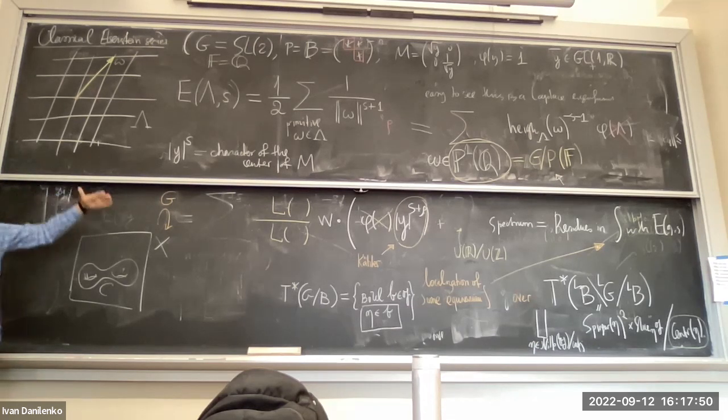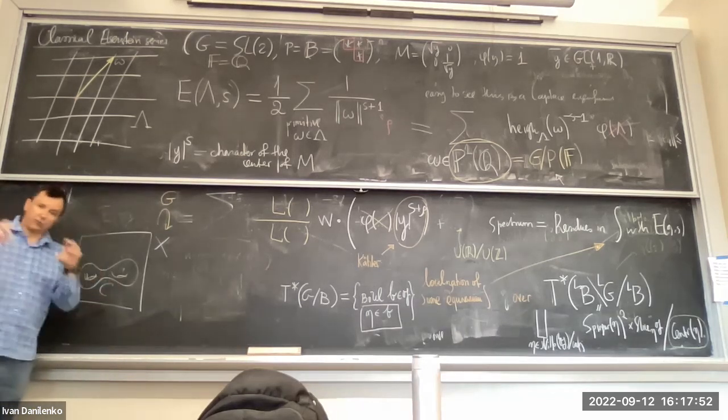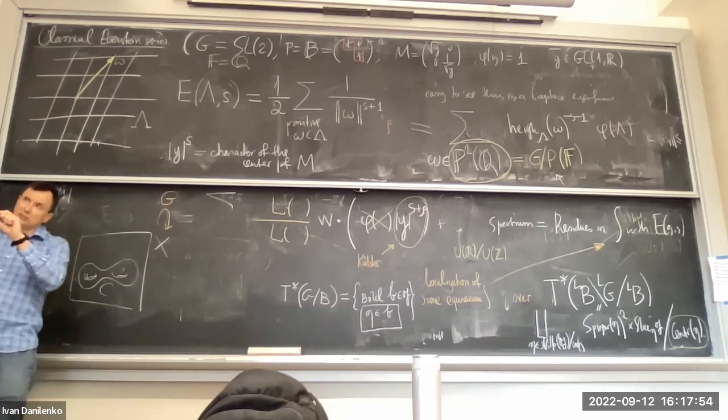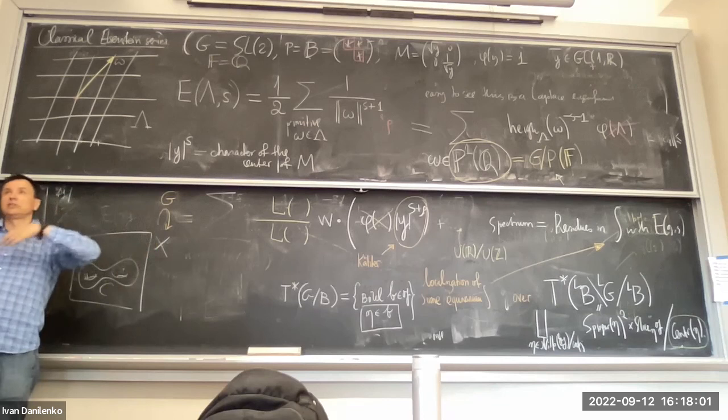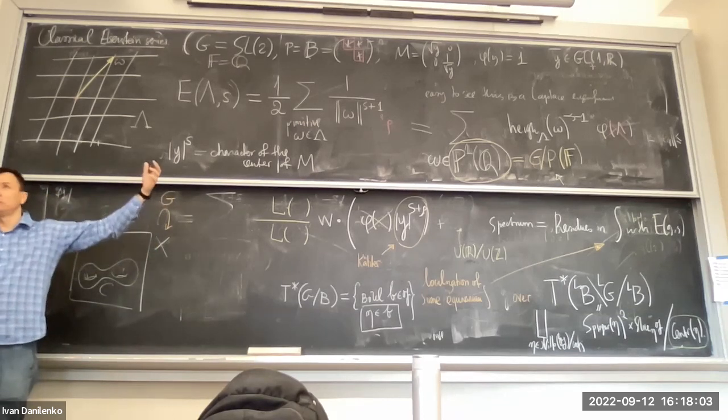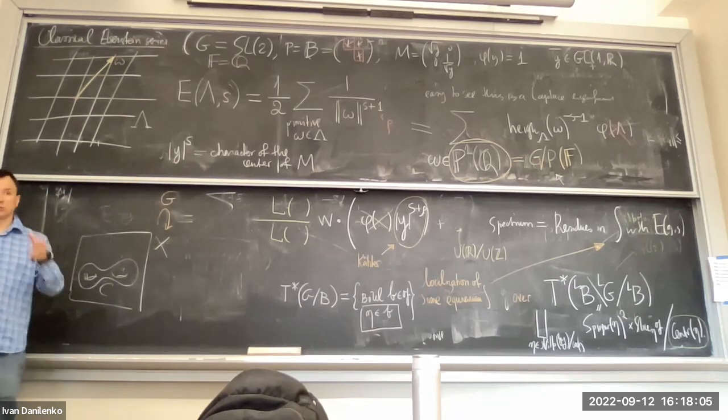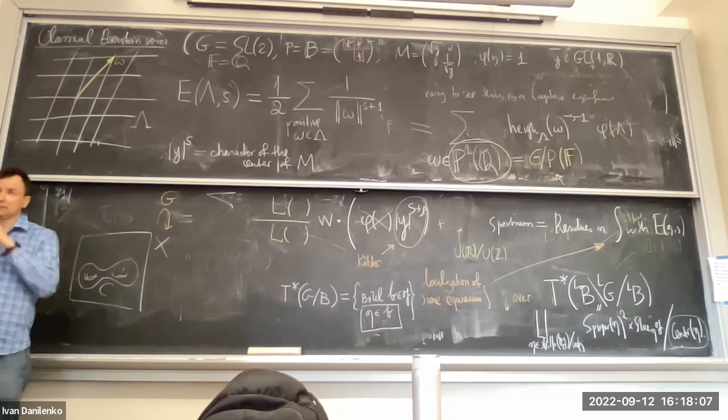If you count sections of some kind of twisted bundle, this is not just a number. This is some kind of topology, some kind of cohomology class on the moduli space of G bundles. And we've never explored that.